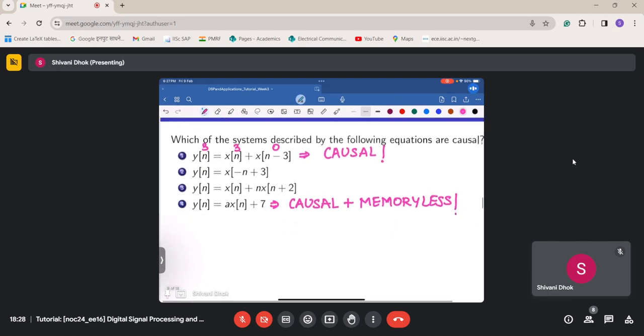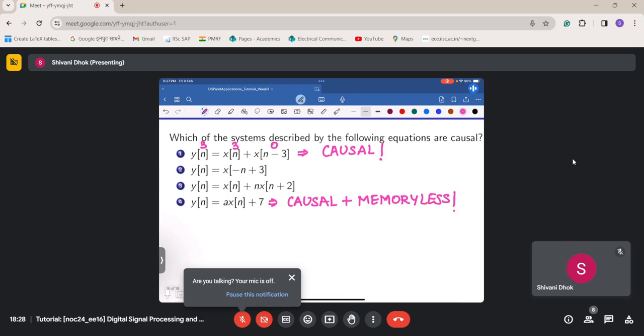Okay. What about second? It's non-causal. Yeah, and why is it so? For current output, it demands the future input. Okay. So let's check it.